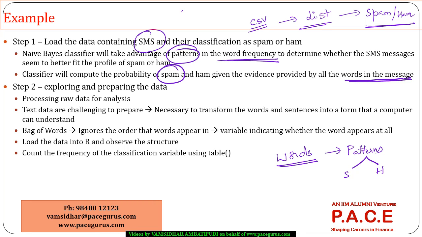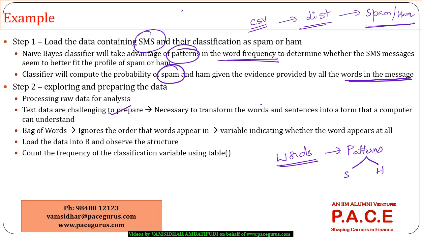So exploration, first of all. First the data is loaded, then we are looking at the data in more and more detail. I have to process the raw data for the analysis, because here I have it just as 2 columns, one containing the text, the other containing whether it's a spam or a ham. So when we have to prepare the text data, it's a big challenge.